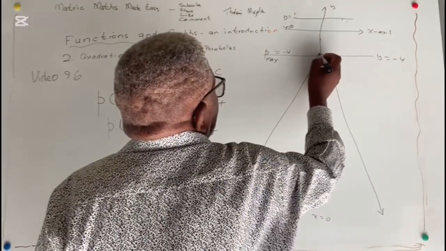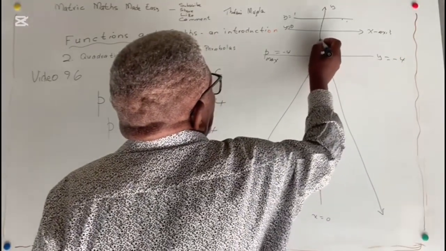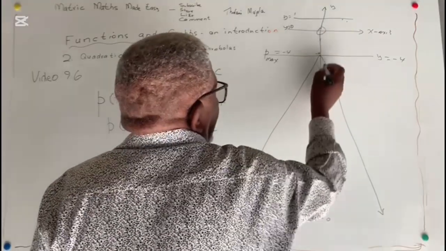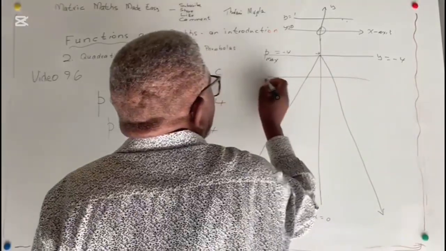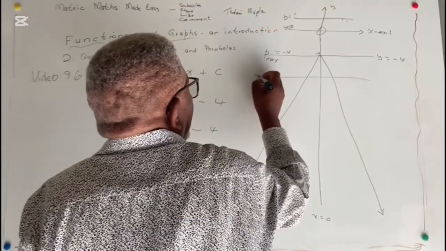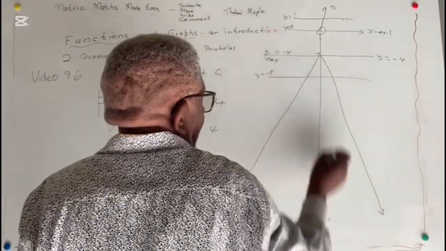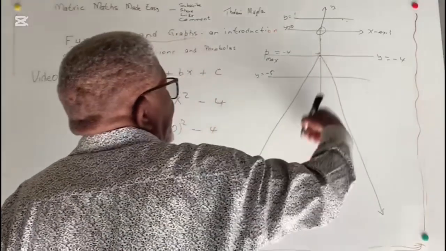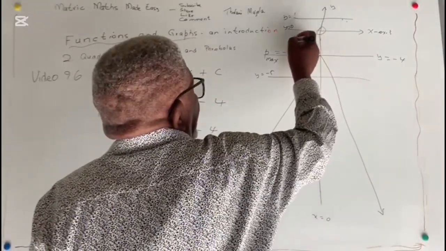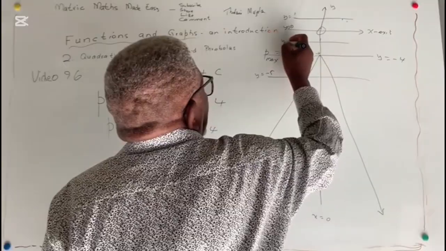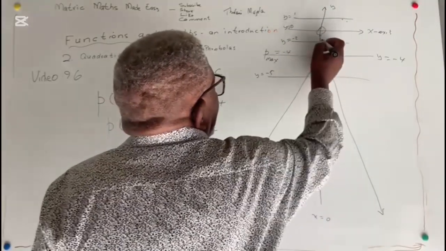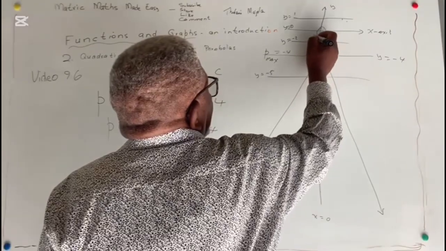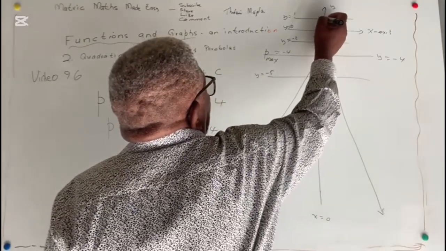And then here is negative 4. So here is 0, negative 4, and here is negative 5, y equals negative 5. The y values continue to be negative: negative 2, negative 1, negative 3, negative 1, 0, 1.